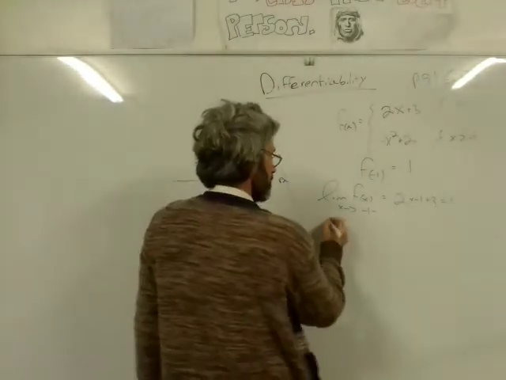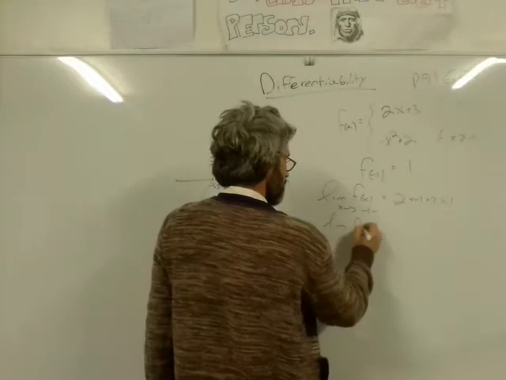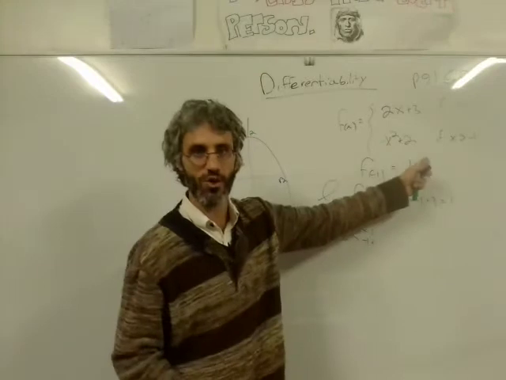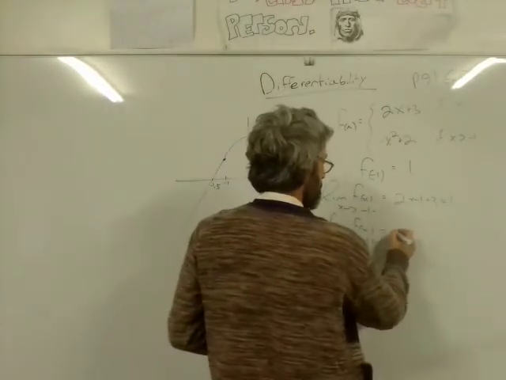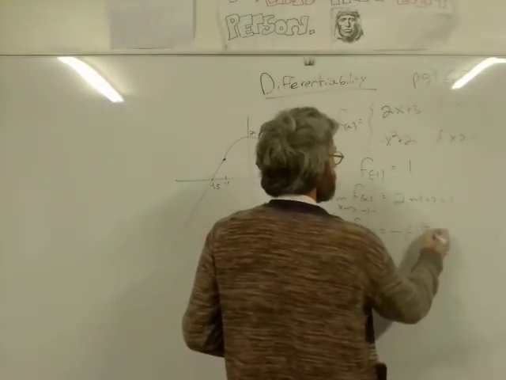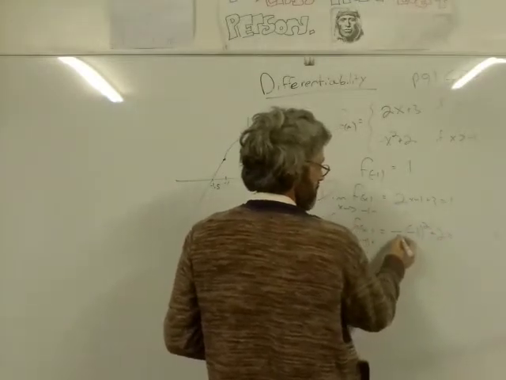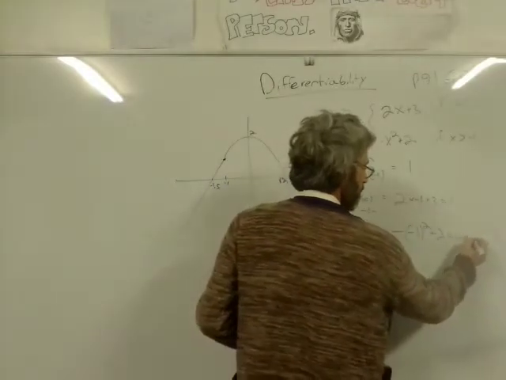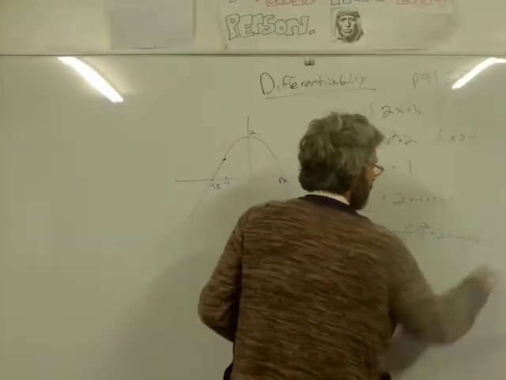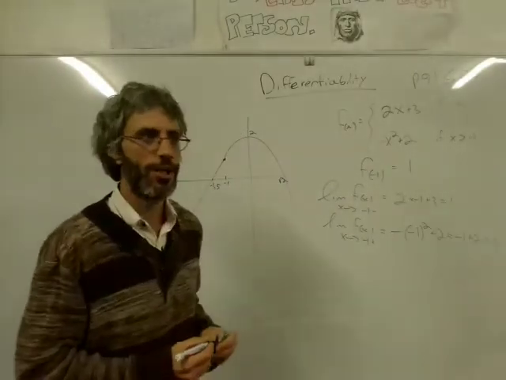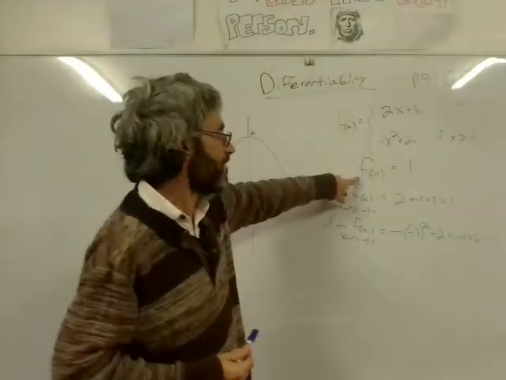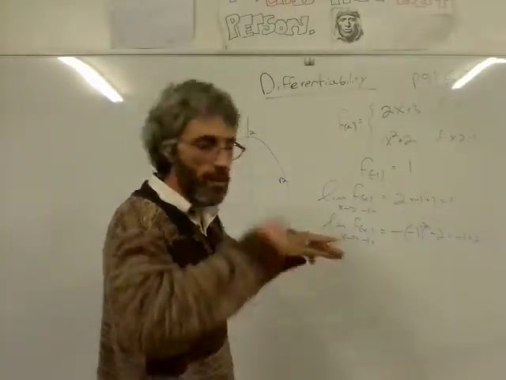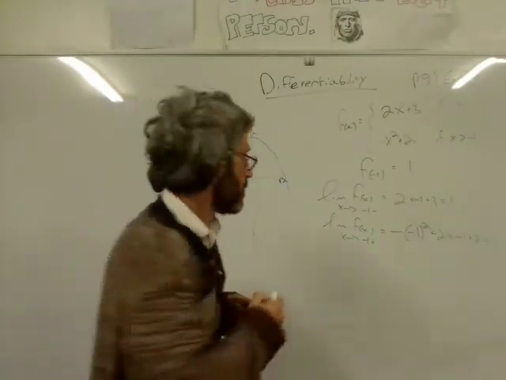Now we'll do the same thing, but now x approaches minus 1 from the positive side. So I'm using this definition. I'm going to put minus 1 squared plus 2, so minus 1 squared is 1, so it's minus 1 plus 2. And I still get 1. So I showed that f is defined at minus 1 and equals 1, and that's equal to both limits, whether I go from the right or from the left. So it is continuous, yeah?